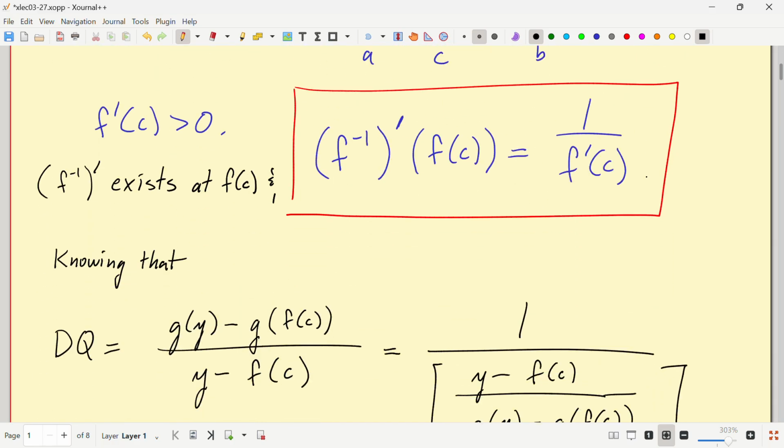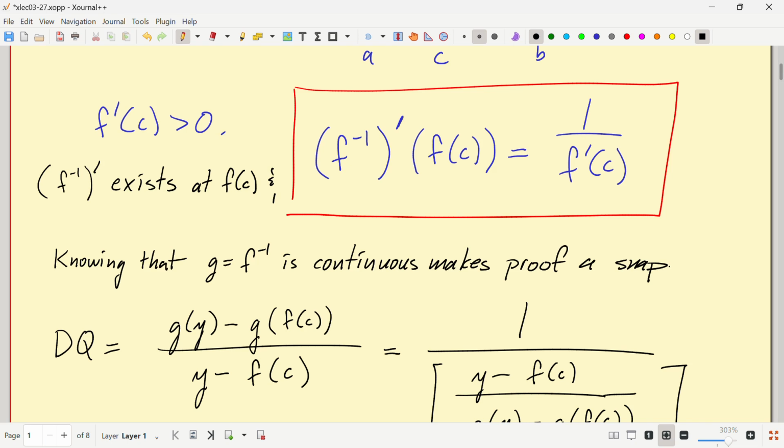Okay, so knowing that the inverse, G, is continuous greatly simplifies, makes this a snap. So it makes the proof a snap. And I was trying to demonstrate that at the end last time.